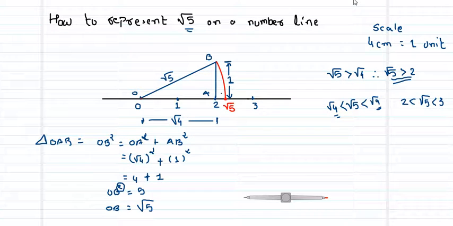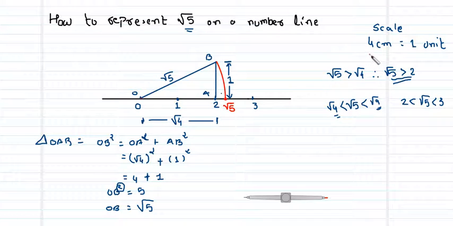Again, let me summarize the steps of how to find root 5 and how to represent root 5 on a number line. In my previous video, on how to represent root 3 or root 2 on a number line, I have taken a scale of 3 centimeter as 1 unit, but I want to show you that it is not compulsory to take 3 centimeter as 1 unit all the time.